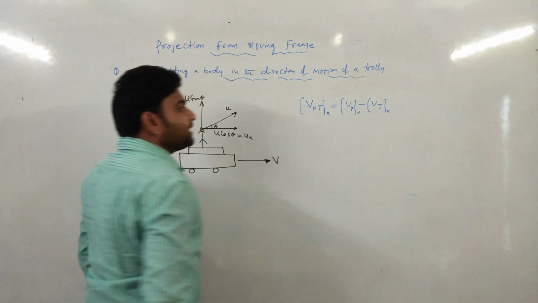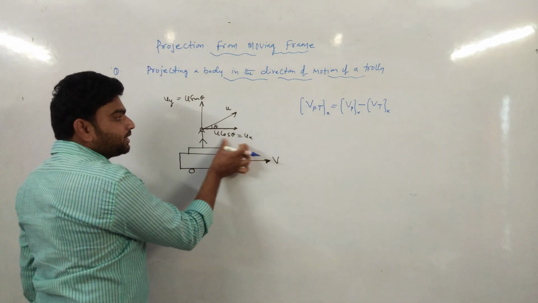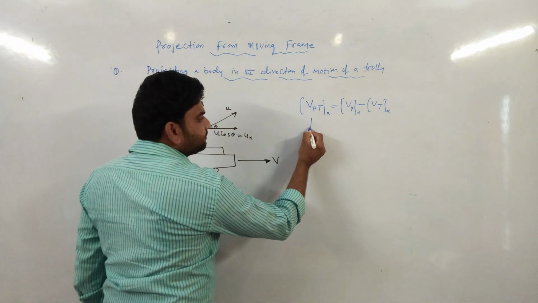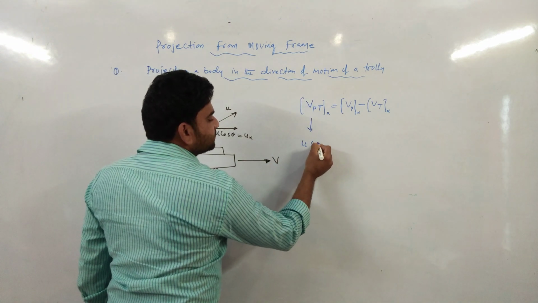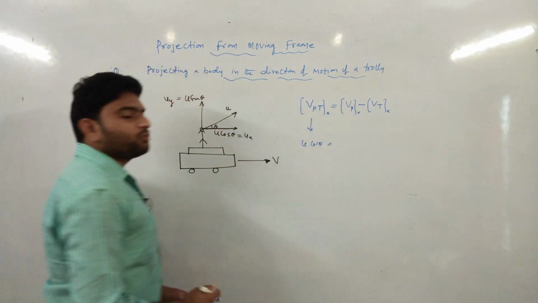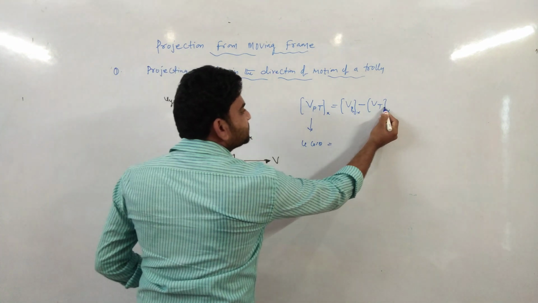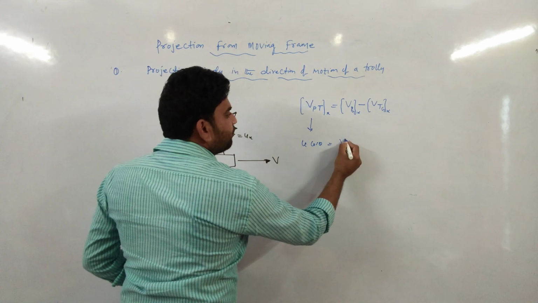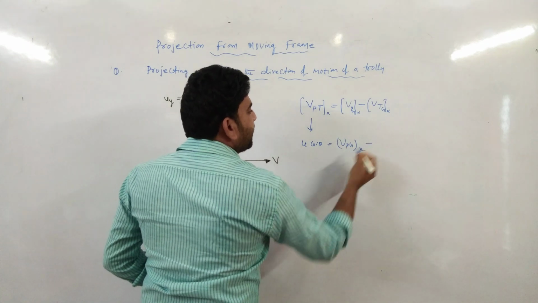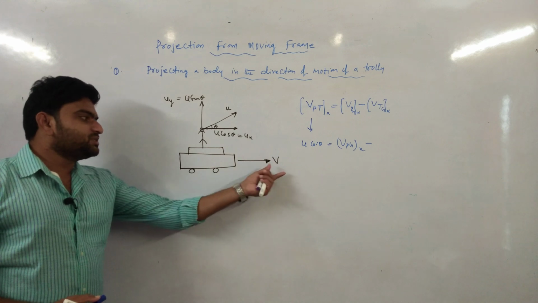If I take it in the x direction, the velocity of projection in the horizontal direction will be u cos theta. So I am writing here u cos theta, which equals the velocity of projection with respect to ground, which we don't know, so g I am taking here, minus the velocity of trolley with respect to ground, that is v.